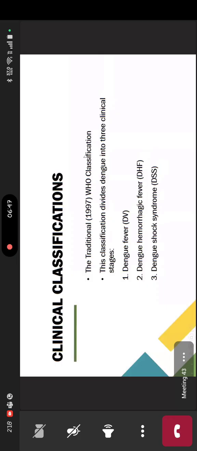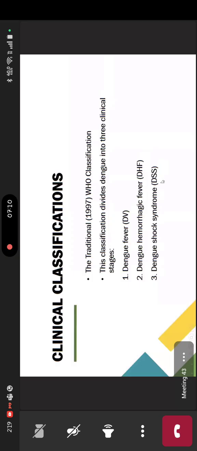First one is normal dengue fever, and second one is dengue hemorrhagic fever, in which a patient is also suffering from internal bleeding, or bleeding from some organs. Then we have dengue shock syndrome.